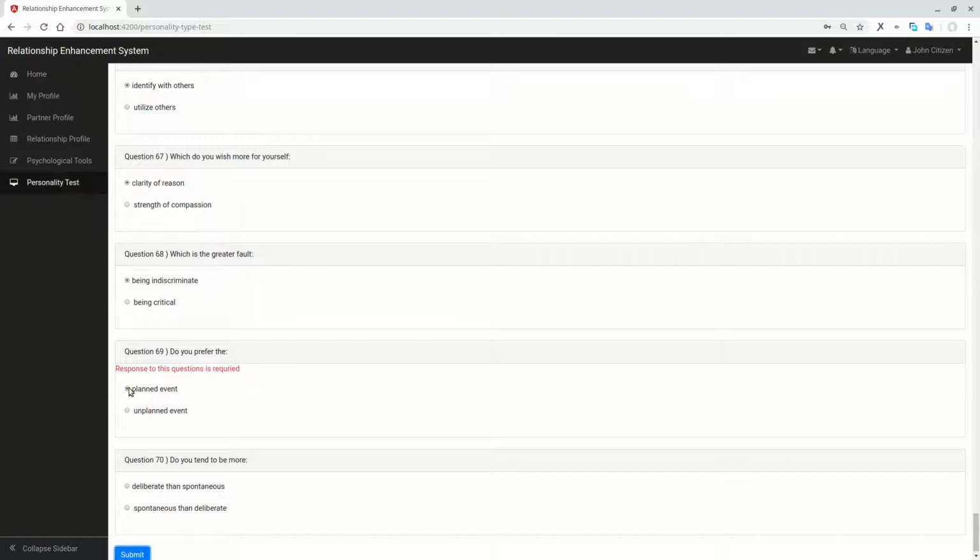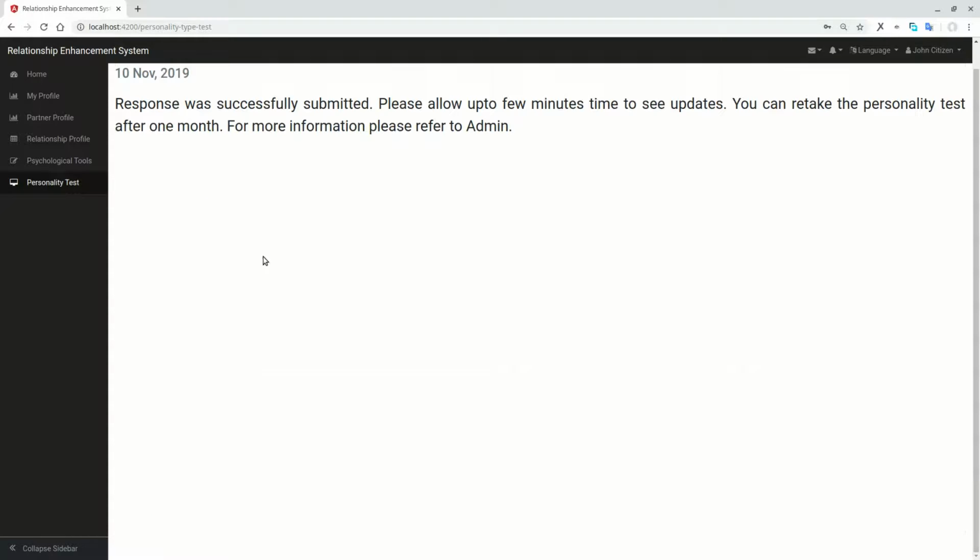All right, so the test is submitted. In the relationship, every person is matched with exactly one partner, and if the user or his partner or anyone takes this particular test, it updates the personality profile, and the score of the relationship is updated as well.